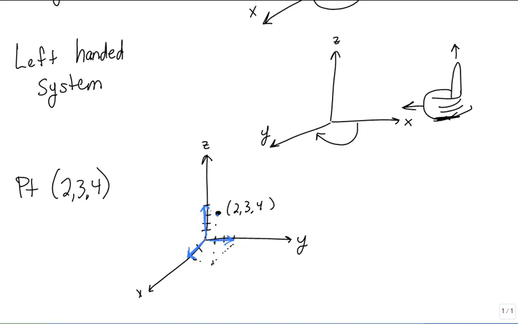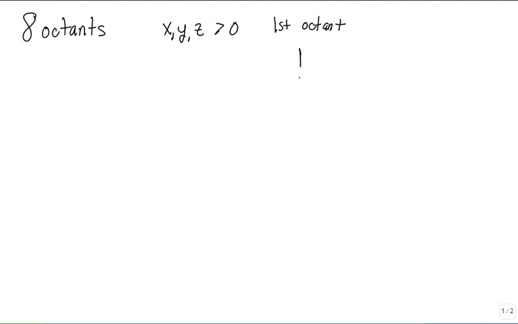So now instead of just 4 quadrants, we have 8 octants. And the first octant is where x, y, and z are all greater than 0, and that's called the first octant. That's where z is positive here.